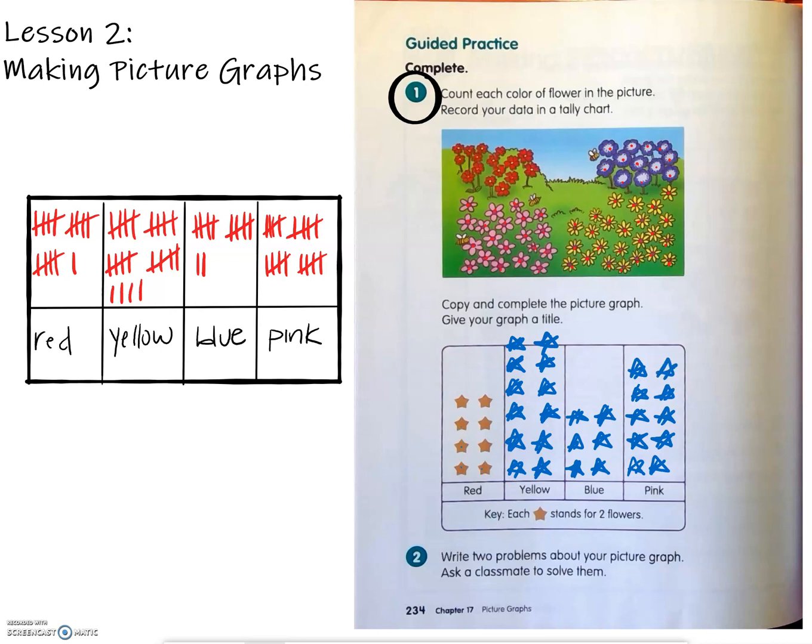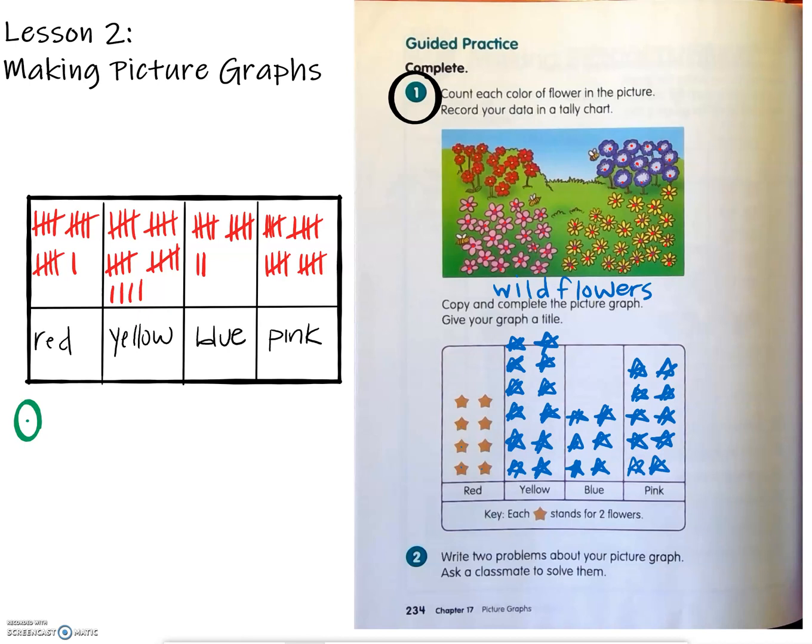I can also give my graph a title. Let's say wildflowers. And write 2 problems about your picture graph. Let's see.